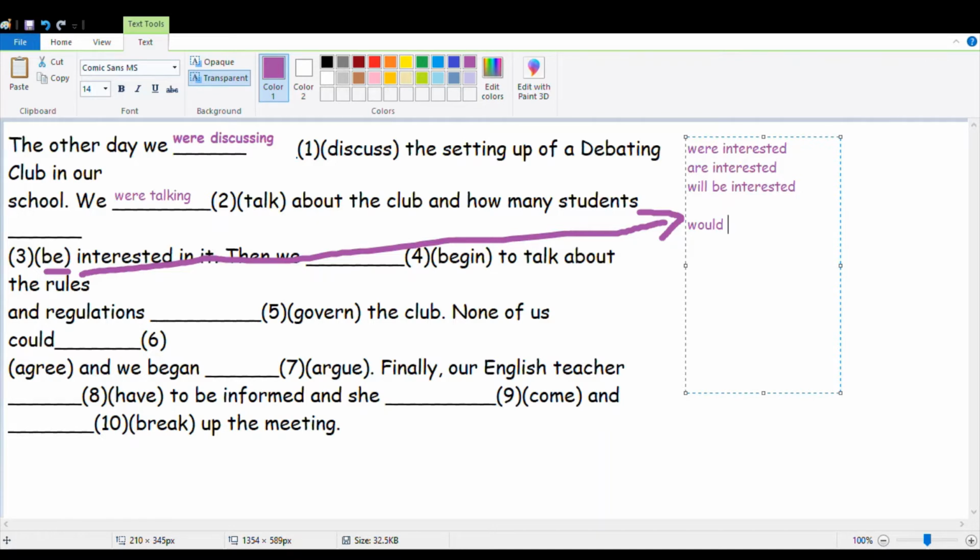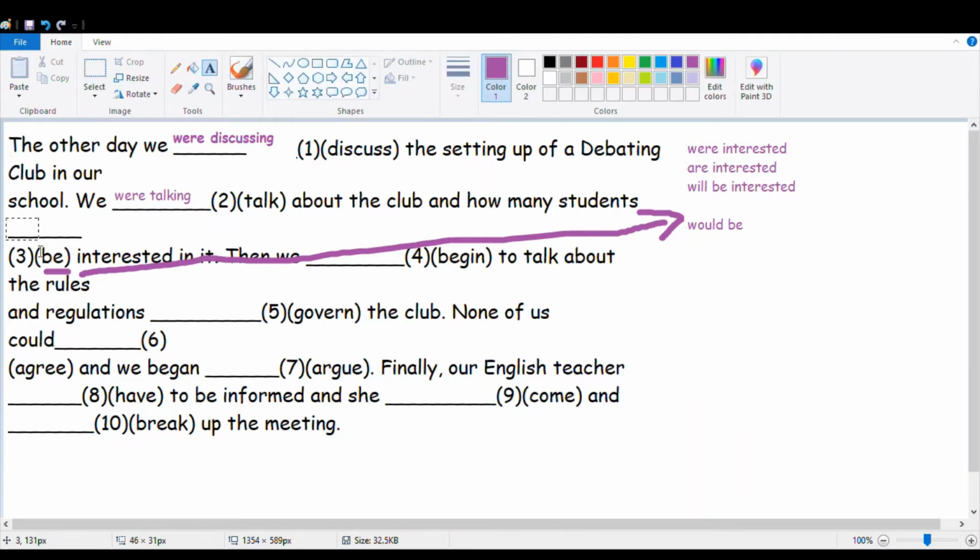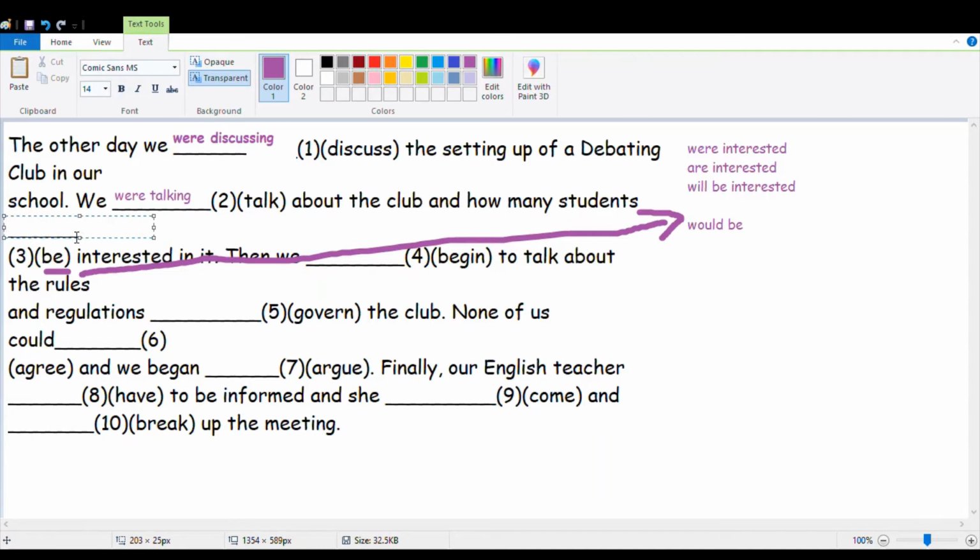So in this, I think if you just say it, you'll realize that would be would make the most sense in this sentence. That's again something we haven't really talked about, so I'm just going to go ahead and put that would be interested.